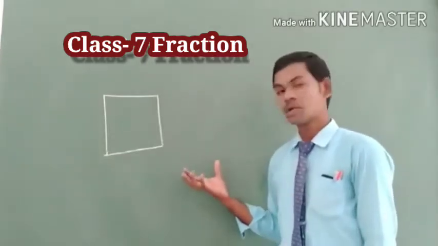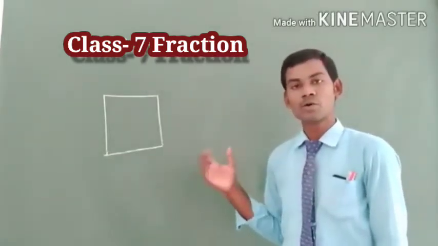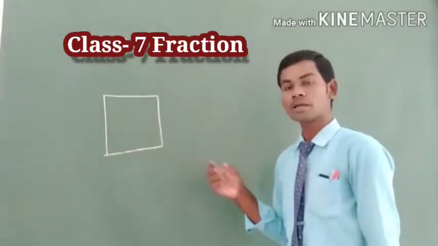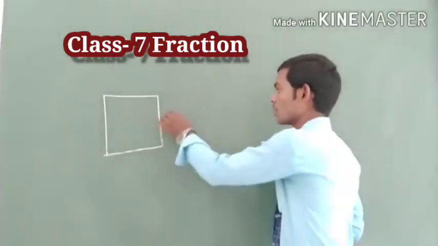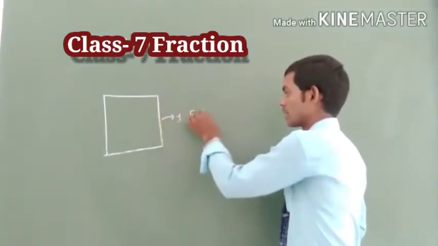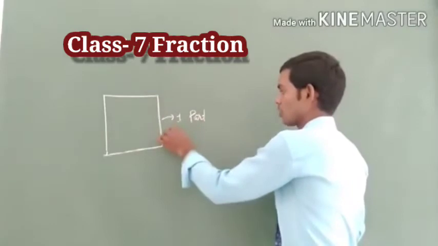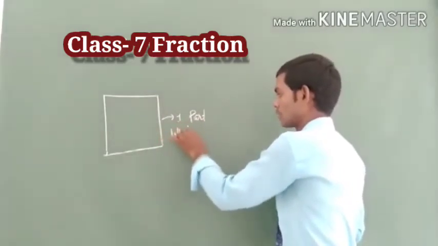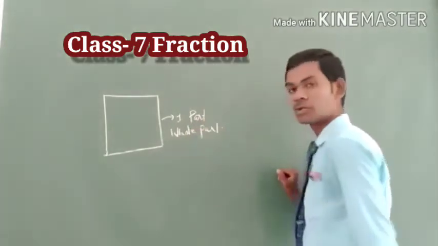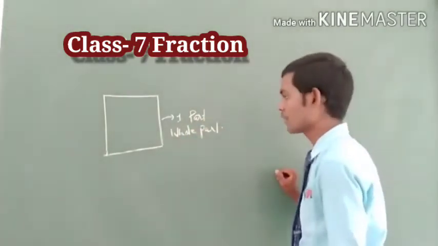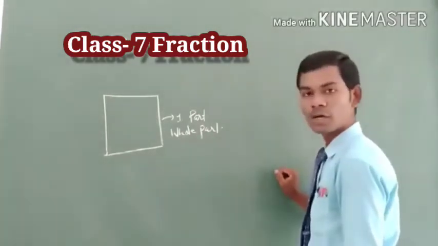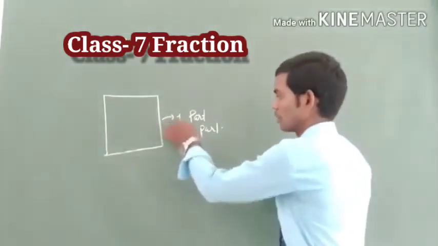This figure is complete, means it is whole, and if it is whole then it has only one part, and the one part is the complete part and therefore this is called the whole part. Okay, so this is the whole part and if we write it then we can say that this is one part out of one, that is the one.